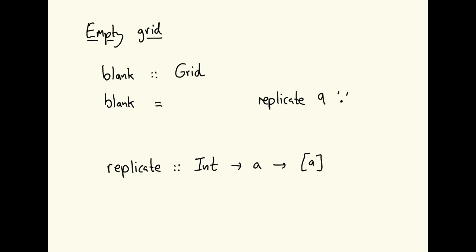So that's like an empty row. Then all I need to do is replicate that 9 times, and that will build me a grid with 9 empty rows. Again, I could have defined this using recursion, or a list comprehension, but actually it's simpler just to use the library function called replicate, which makes it very easy for me to define the empty grid as a one-line Haskell program.